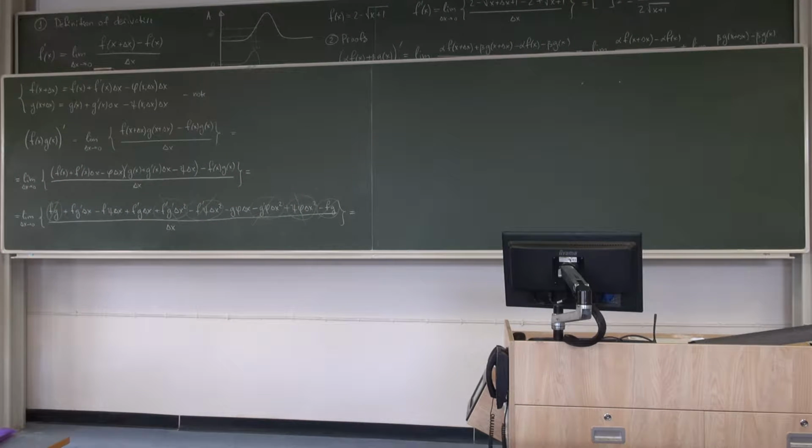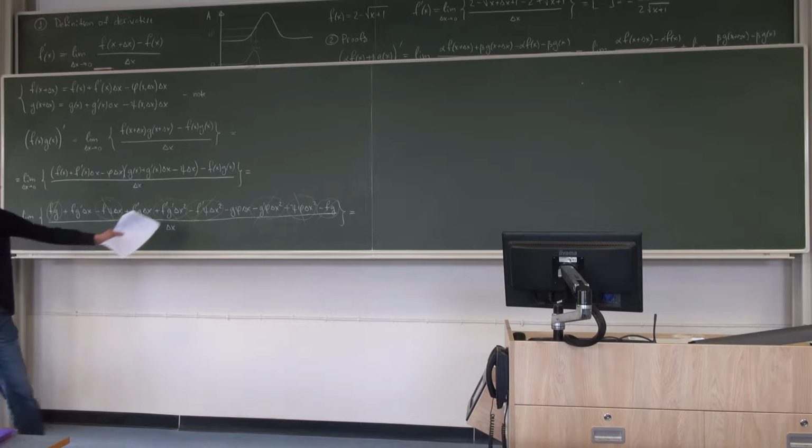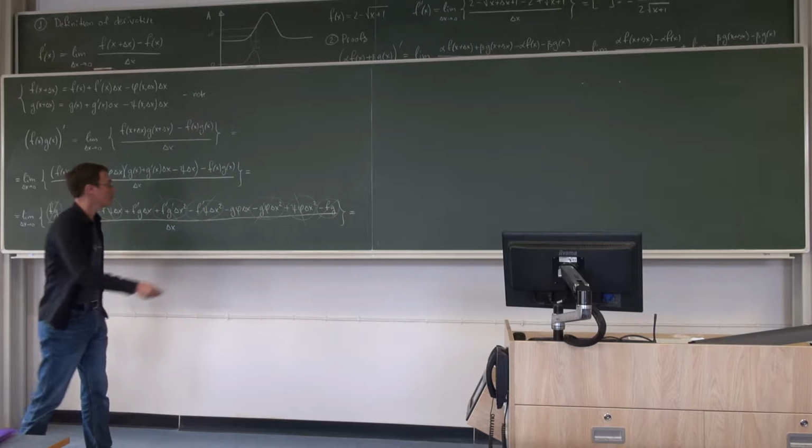And then let's take a look at what else we've got here. Here, Δx will cancel, but we will have fψ. ψ goes to 0. Go on. And here, we will have Δx cancel, but φ goes to 0. That's gone.